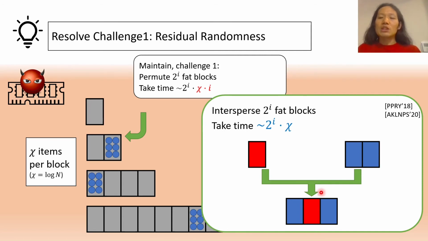So all we need to do is to merge two lists into one single shuffled list, or it is called intersperse, two separate lists into one list. This intersperse is more efficient than permuting all the blocks from scratch. It takes only linear time, so we shaved a log m factor, that's the I in the cost.